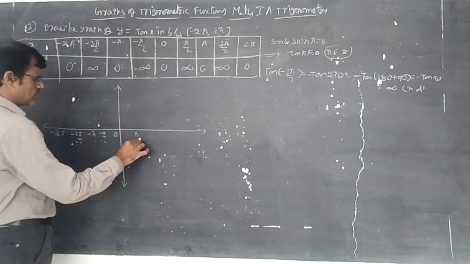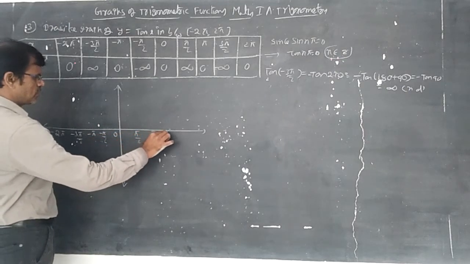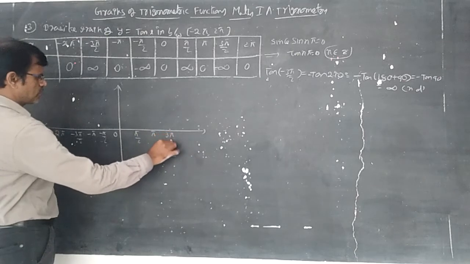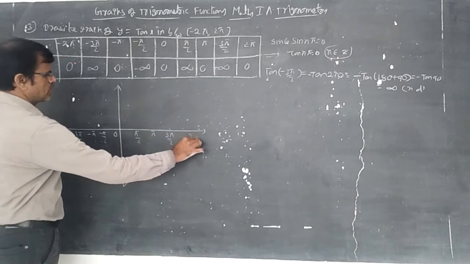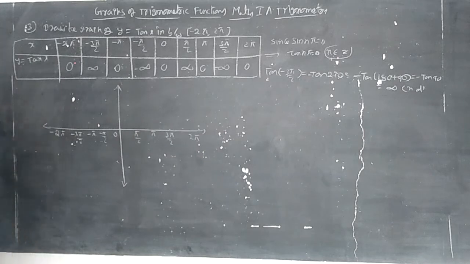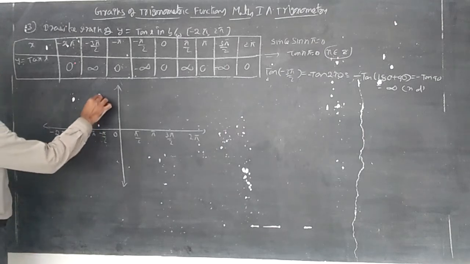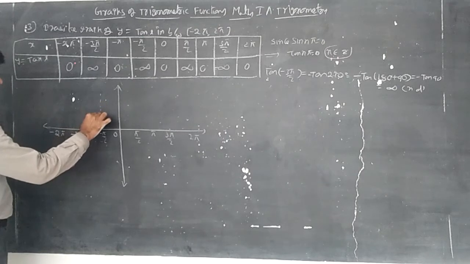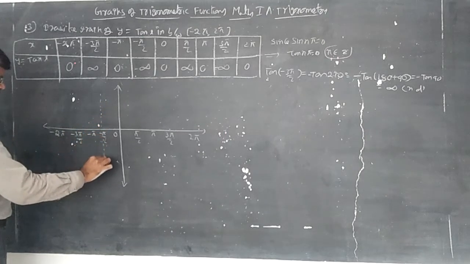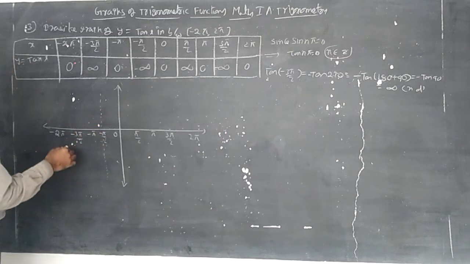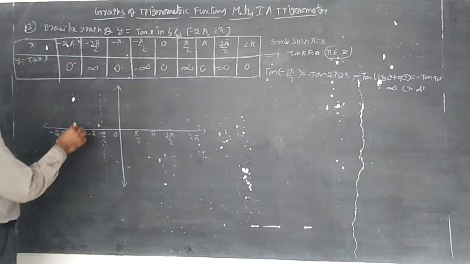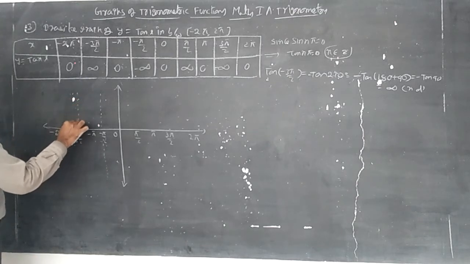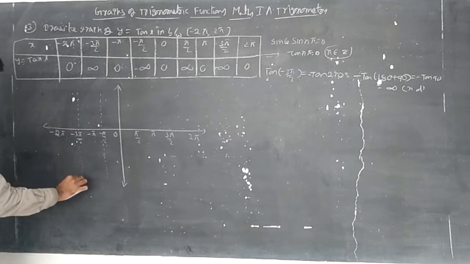Here pi by 2, this is pi, 3 pi by 2 and 2 pi. For infinity, meaning tan 90, it is not defined. Whenever it is not defined, simply draw dotted lines at minus pi by 2 and minus 3 pi by 2. Draw lines like this.